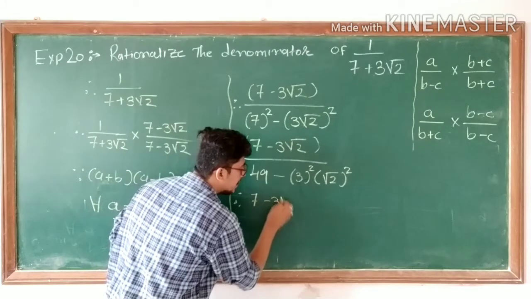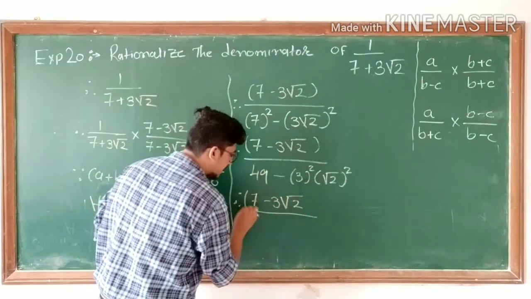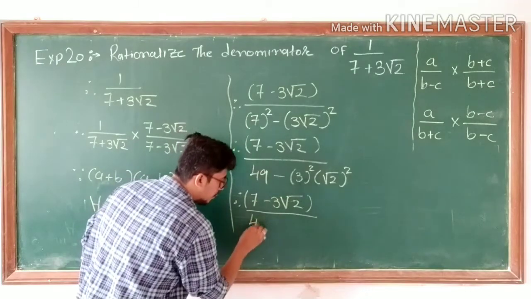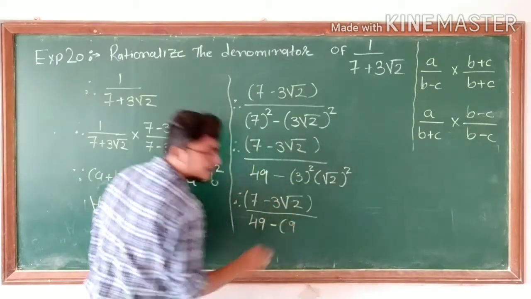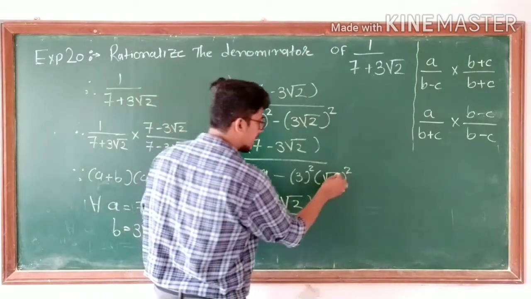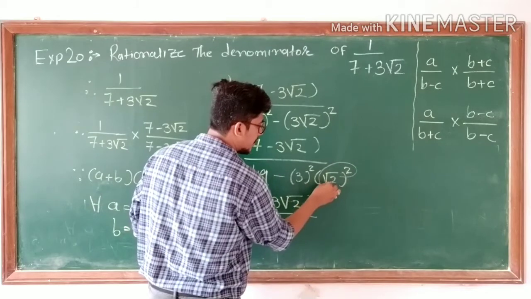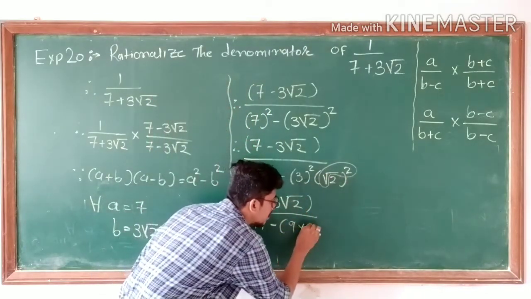7 minus 3 root 2 will be as it is, whole divided by 49 minus 3 square is 9. Yes or no? And square root will get cancelled. Square and square root will get cancelled. So another value we are getting is 2.